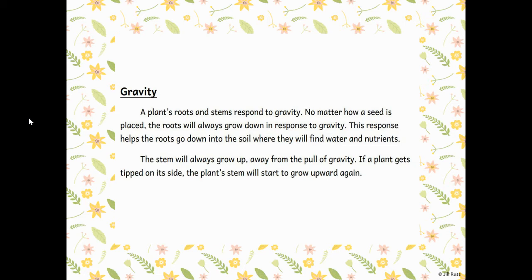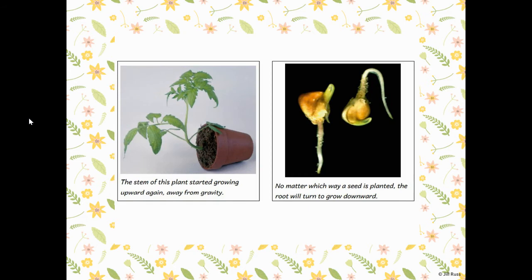So that answers two of our questions today. The stem will always grow up away from gravity, and the roots will always grow down towards gravity, no matter how you put a seed in the ground. Let's look at these two pictures here. The picture on the left shows how this plant was tipped on its side.